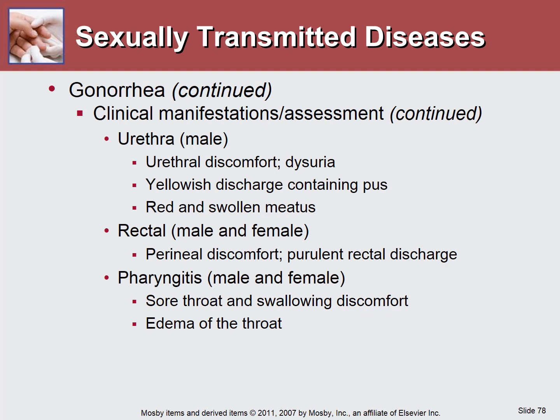So for male, what you see in the urethra is discomfort, dysuria, yellow discharge, red and swollen meatus. Rectal, for those who engage in rectal sex, you see perineal discomfort, purulent rectal discharge. For oral sex, you see pharyngitis, so there's sore throat and swallowing difficulty, edema of the throat. Next slide.